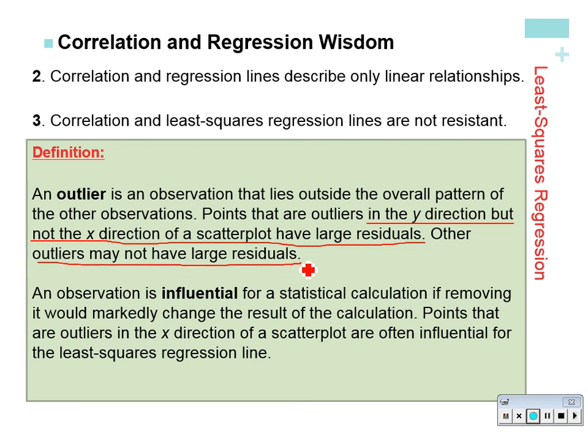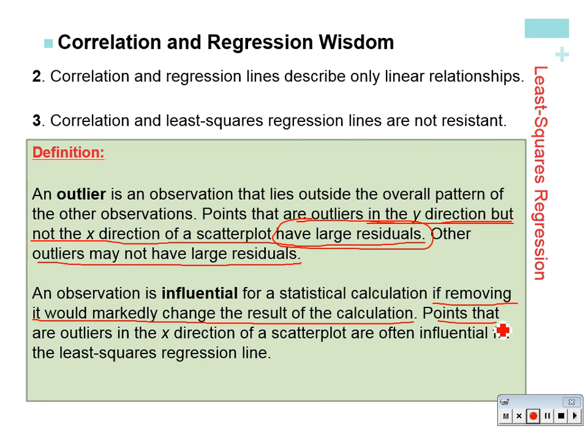So when we're talking about outliers as far as scatter plots go, we're looking for points that are outliers in the y direction, points that have large residual values. Whereas an influential point is one where removing that point would drastically change the result of the calculation, meaning drastically change the correlation value, and the result of the least squares regression equation.